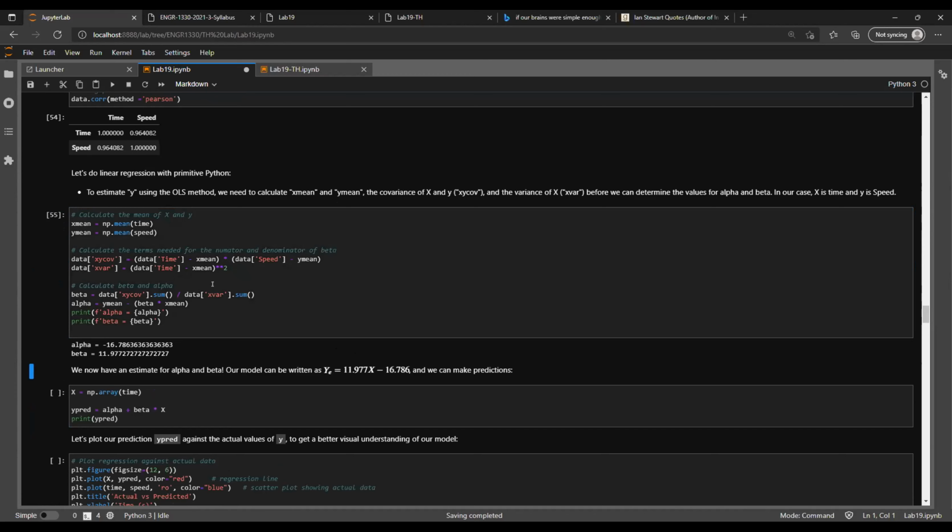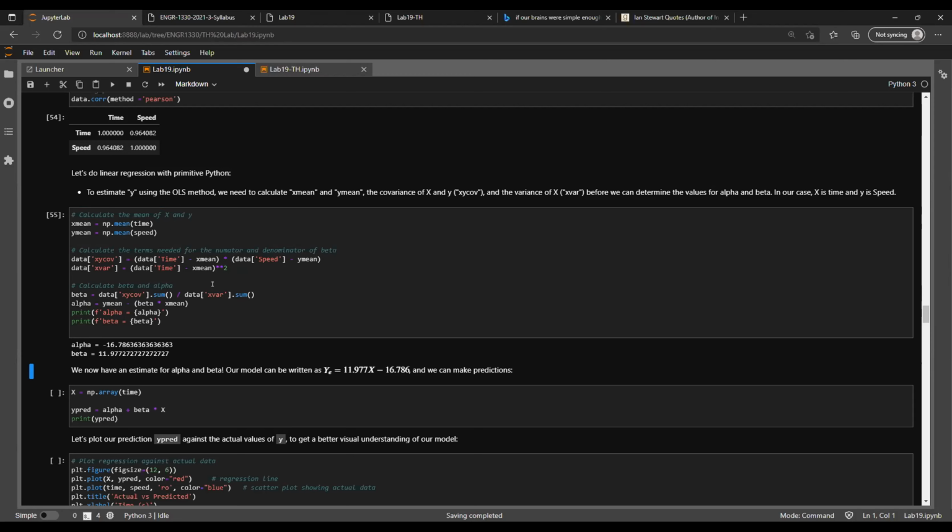Okay, so we have an alpha of negative 16.7-ish and a beta of 11.9-ish. Okay, now what did that do for us? Well, remember before when we talked about making a line, y equals mx plus b, except we're going to say y estimate is alpha times, no, I'm sorry, beta times x plus alpha.